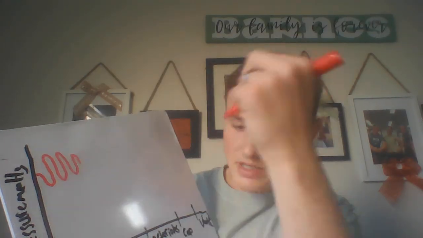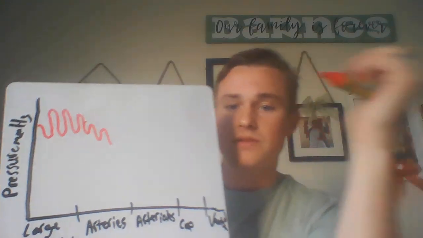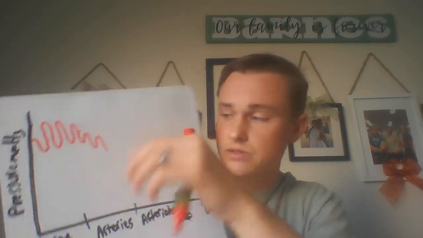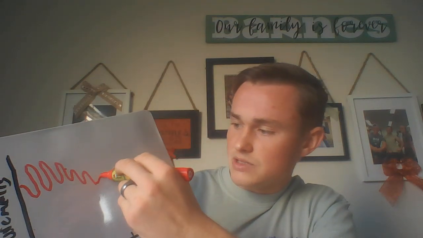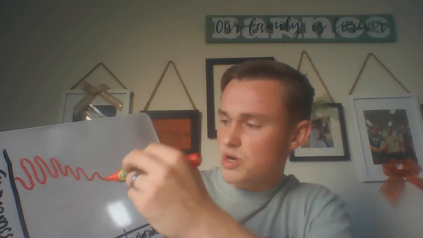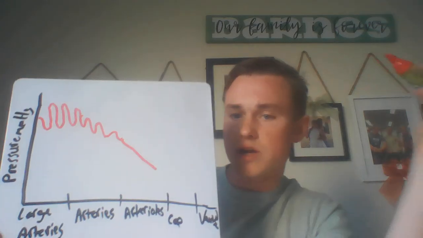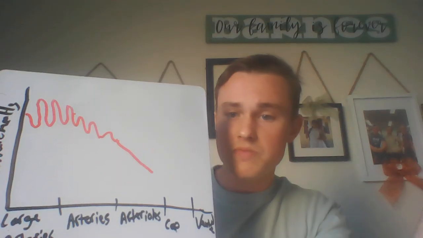As we get into the arteries, those squiggly lines will begin to get a little bit lower, like that, and this is getting farther away from the source of that pumping, so we're not having as big of those ups and downs. And then by the time we get to the arterioles, we pretty much have just a smooth line that keeps going lower and lower in pressure, which should all be making sense, right?